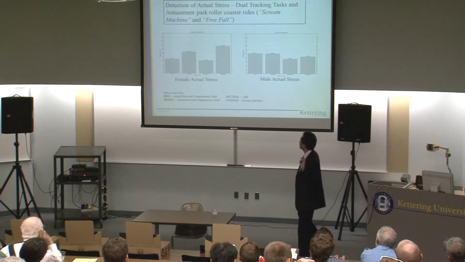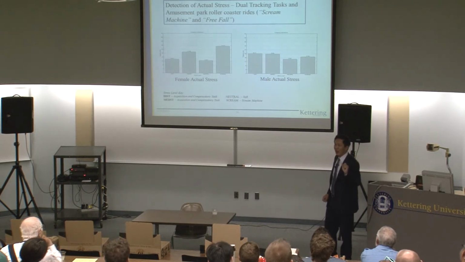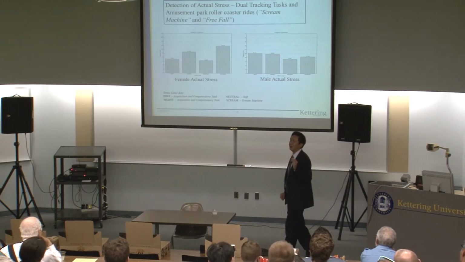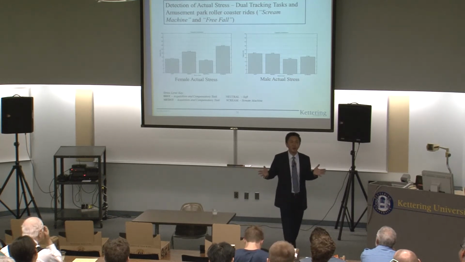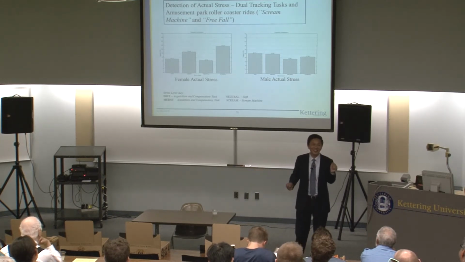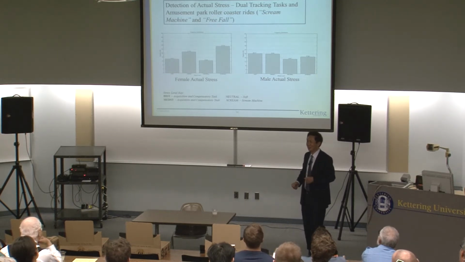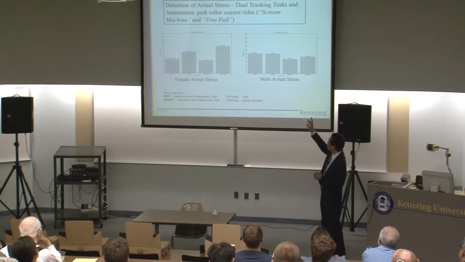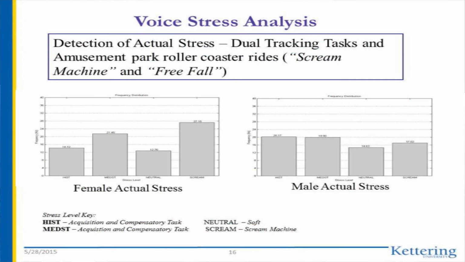Then we tested some actual stressed voice. The researchers, or the database builders, put the subjects on a roller coaster to simulate free fall and let people scream. The two roller coasters used were Screaming Machine and Free Fall. Those are the names of the roller coasters.